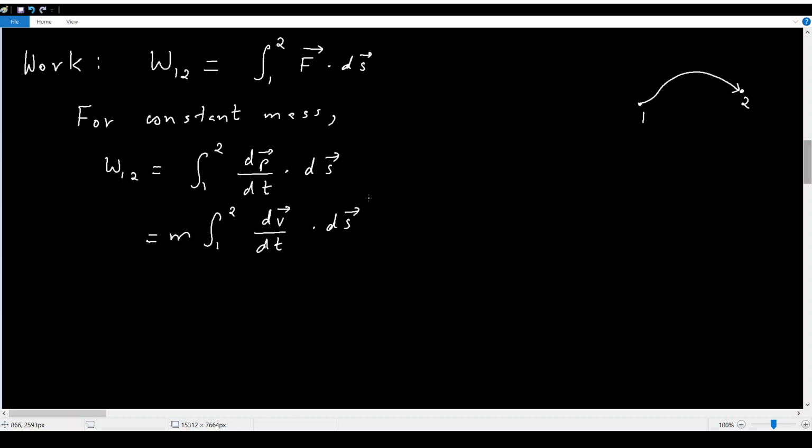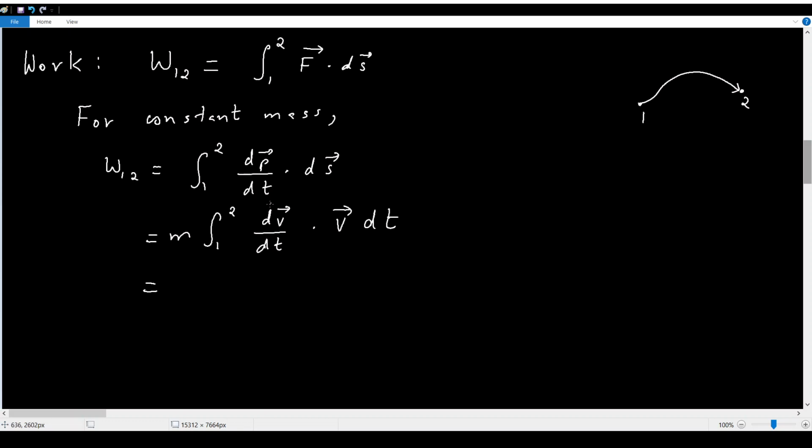Okay. Now I actually want to write ds in a different way, because ds is of course the line element. So I could write this as ds/dt times dt, and ds/dt is of course the velocity, and I get dt here, right?